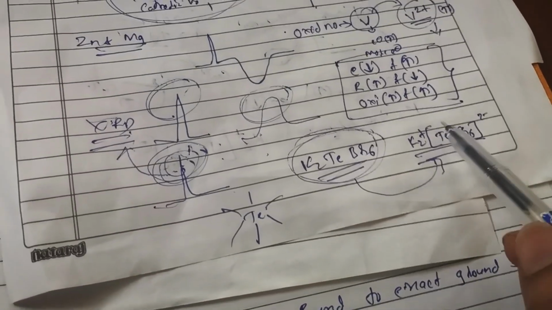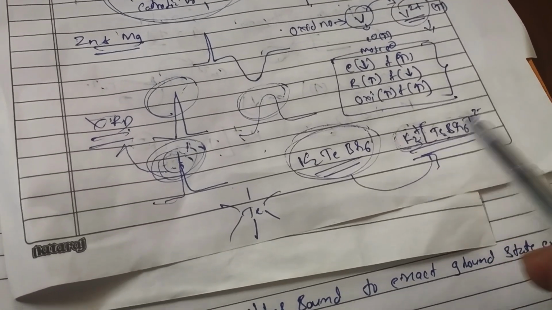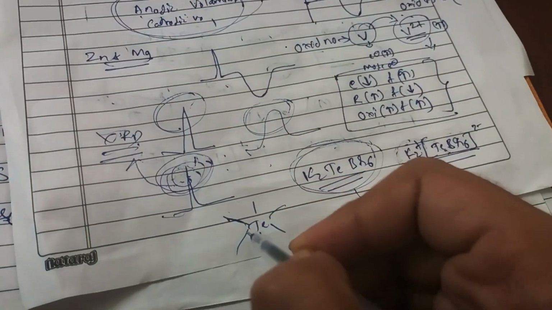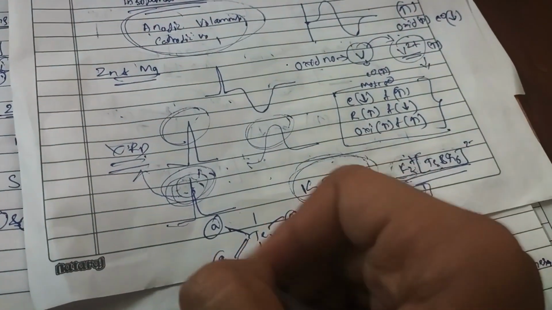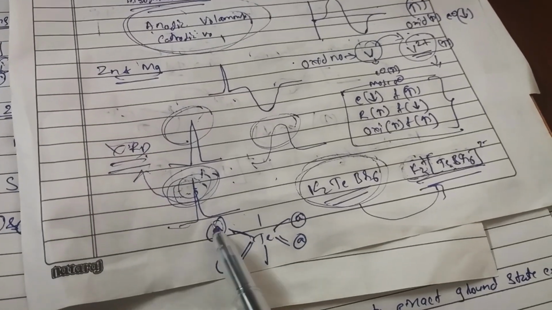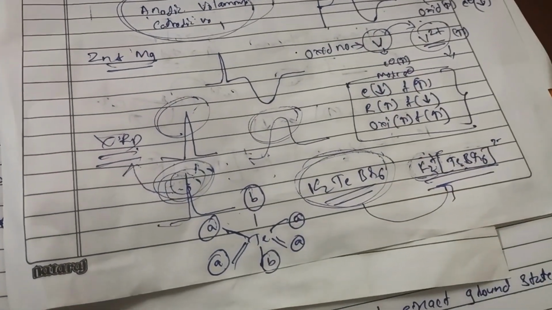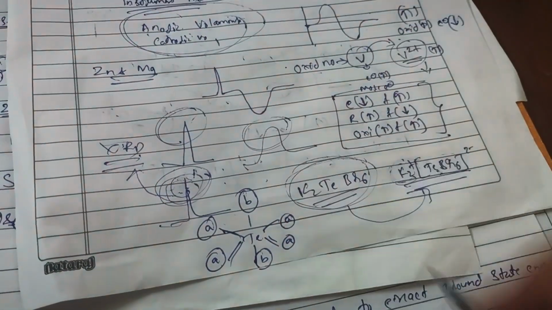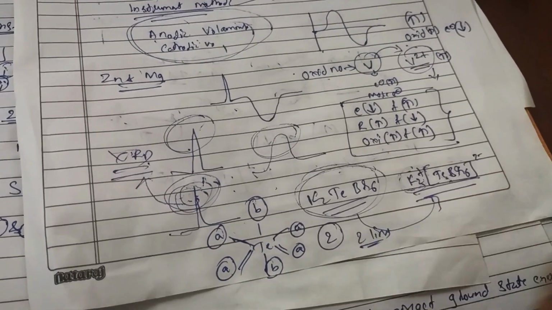You can neglect the K2 and just concentrate on this molecule. Here these are one type of environment, and these are another type of environment, so there are two environments present, hence two lines are present.